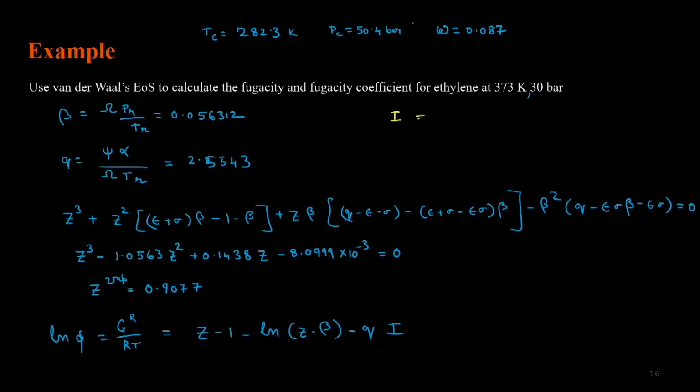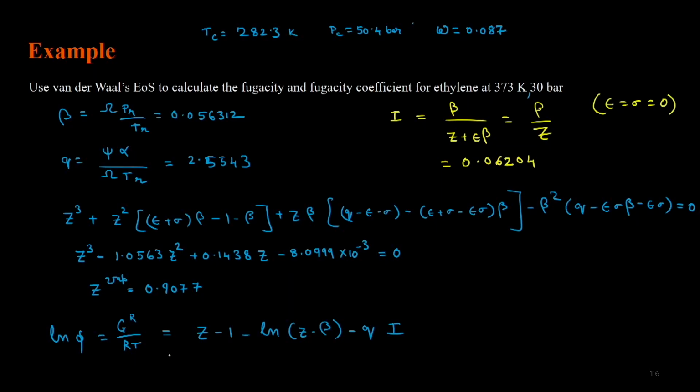So I is beta by Z plus epsilon beta, which is essentially beta by Z. Once I have Z, I can calculate this value, and it turns out to be 0.06204. That's the value of I.